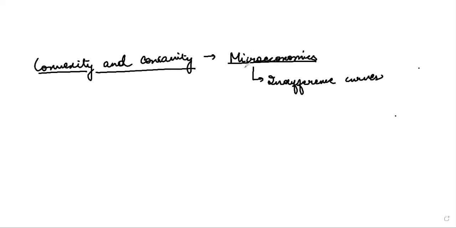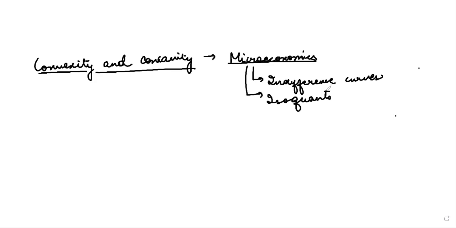This topic is also going to be very important when we talk about microeconomics. Why? Because I am going to talk there about indifference curves and isoquants, and the property of convexity is going to be of great importance to us, because it will help us in the maximization problem.